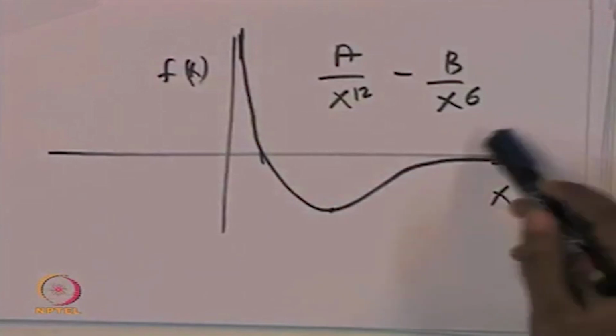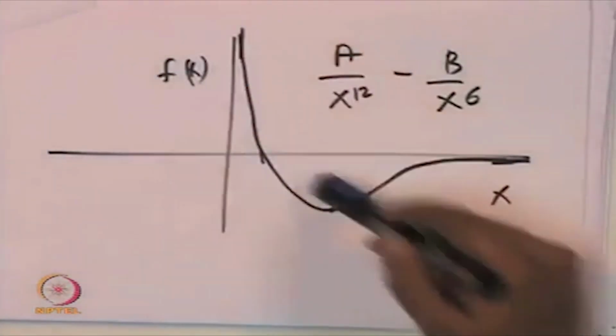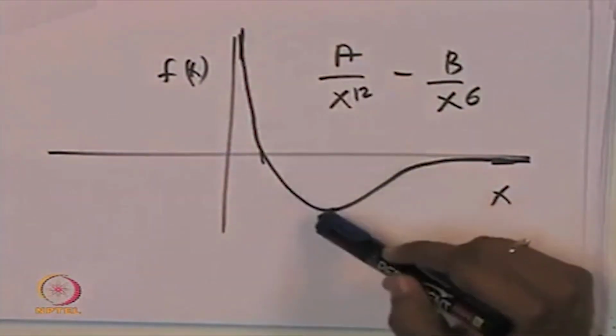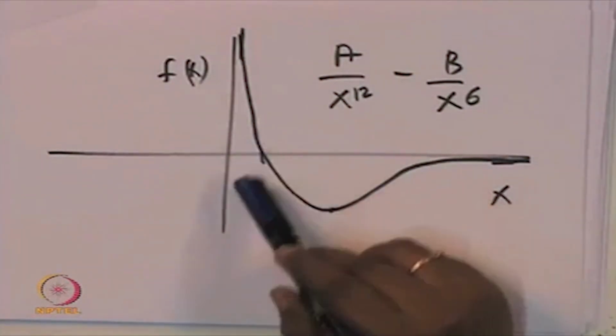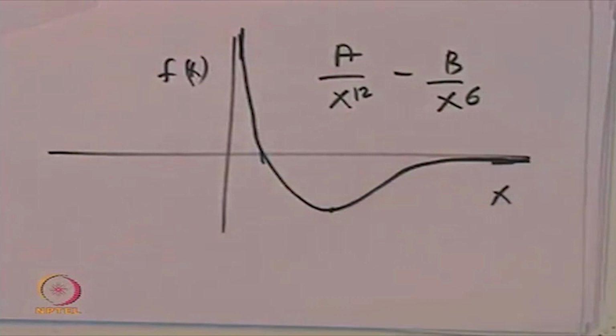This is 0, this is infinity, there is a minimum here and it crosses 0 at one point. So, all this is clear to you, and this is what the answer will look like.